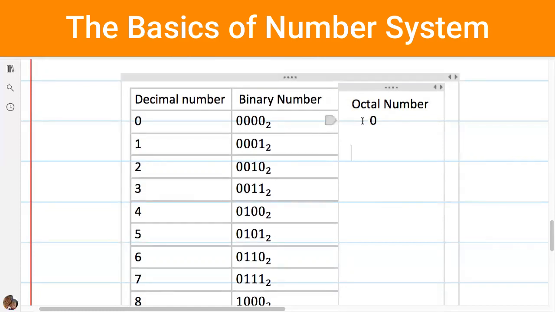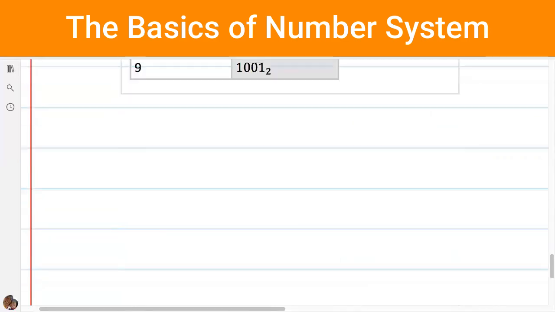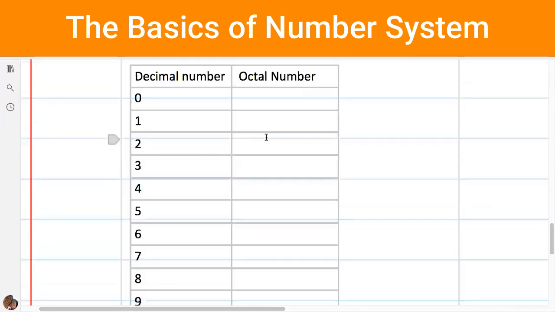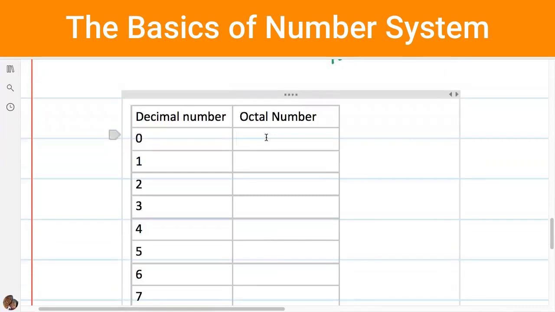Now I think we need to change this to octal numbers. Instead of creating a new column, let's just erase the binary number column and then change that to octal number column. So in decimal number, 0 is also equivalent in octal number as 0.